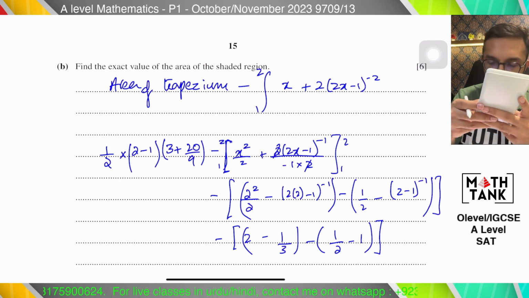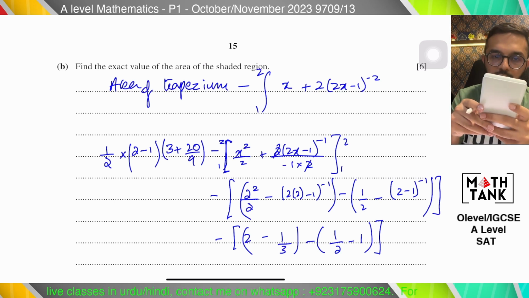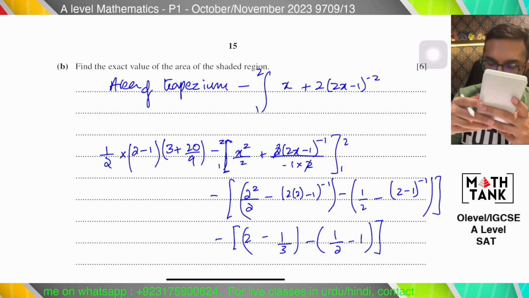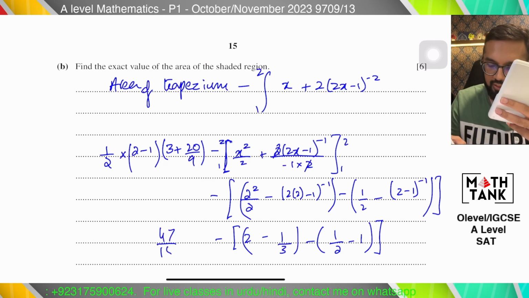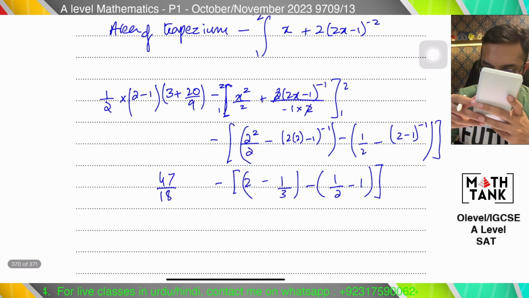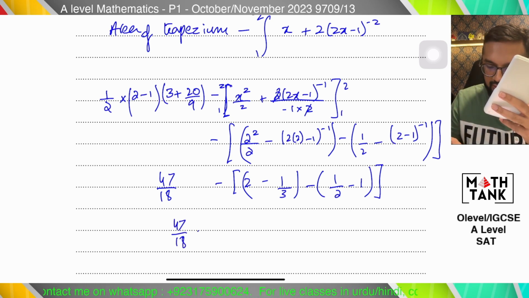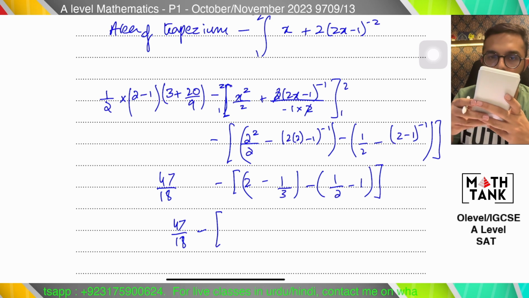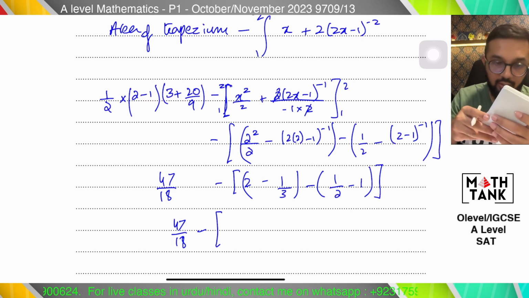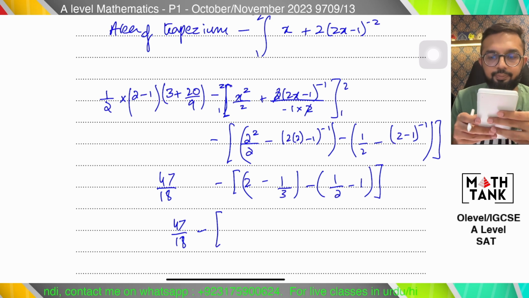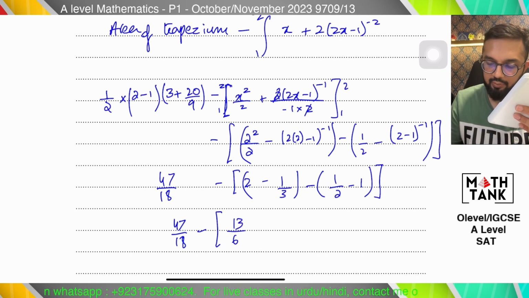Okay, what's the area of the trapezium? It's 3 plus 20 over 9 into half, 47 over 18. Okay, and inside the bracket I have 47 over 18 minus 2 minus 1/3 minus half plus 1, 18 over 6.